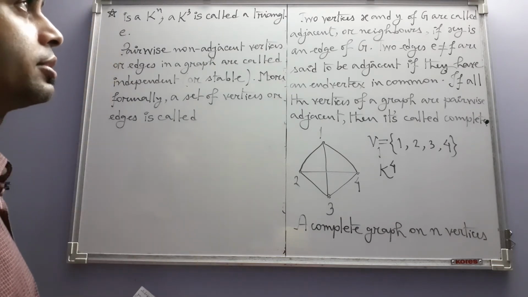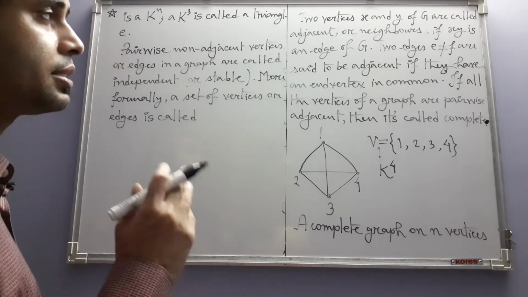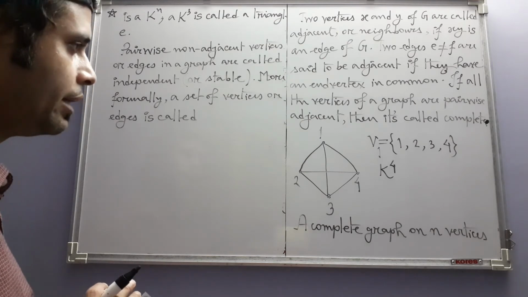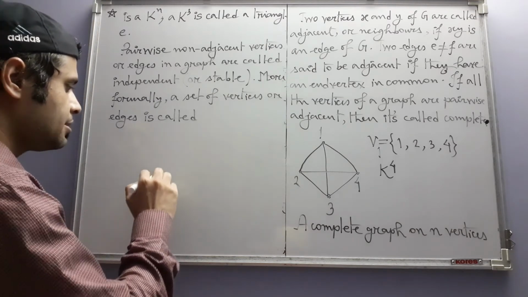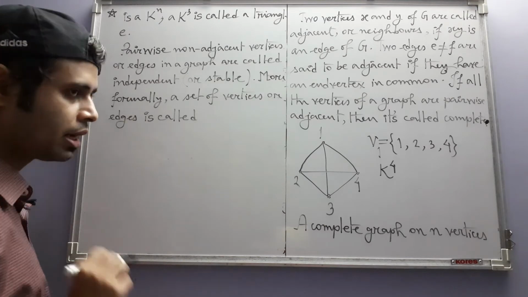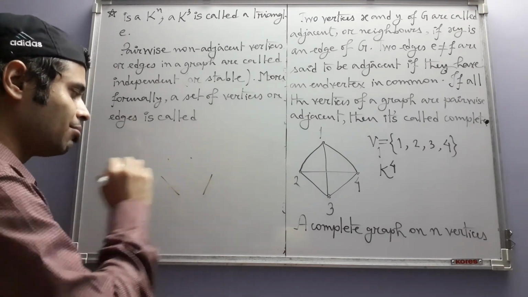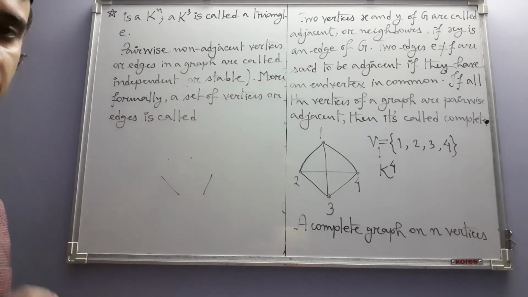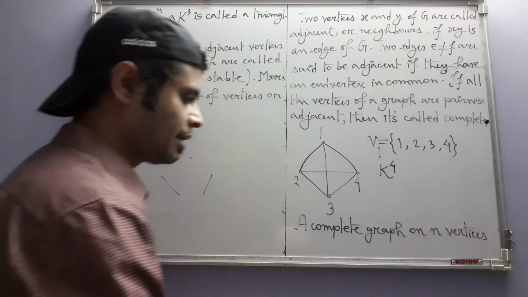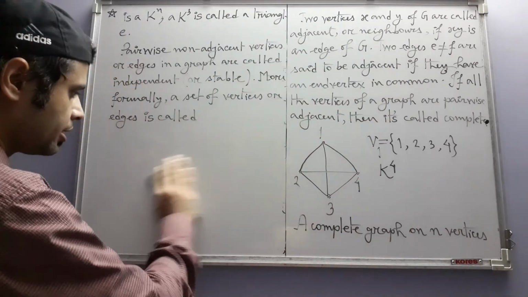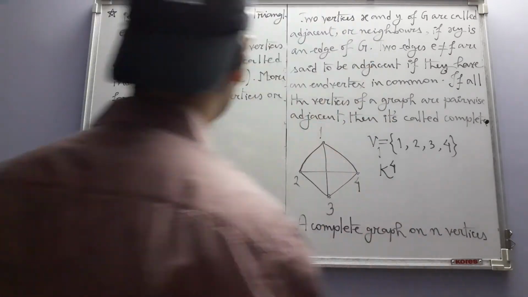No, we cannot consider vertices and edges together. Why? Because adjacency is there between 2 vertices or between 2 edges, but between a vertex and an edge we don't have adjacency, we have incidence. So that's why we cannot consider them together here.